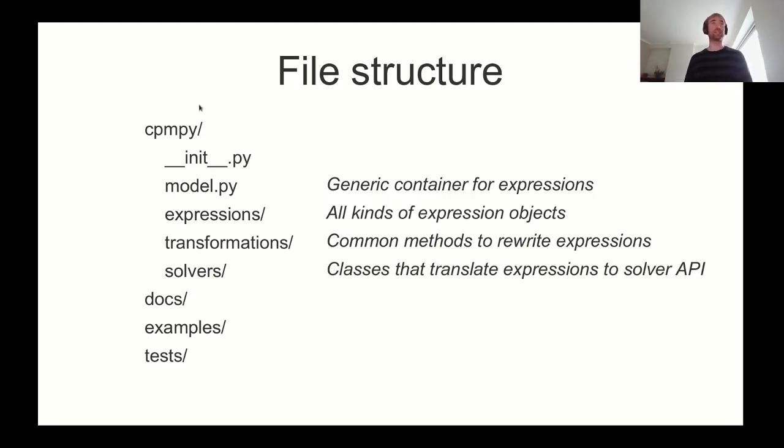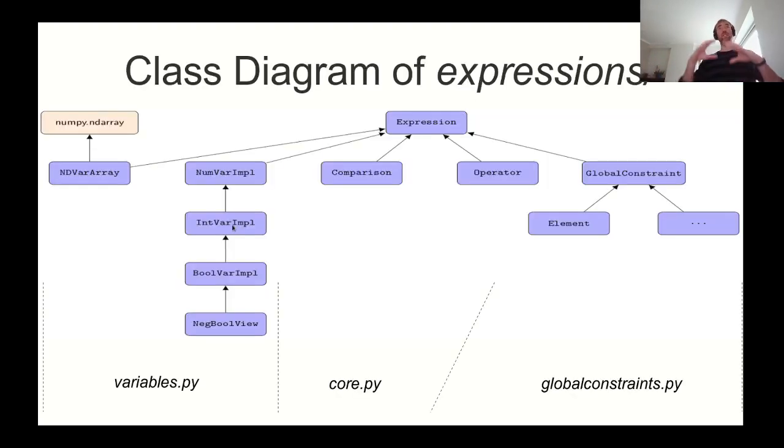Now let's have a look at what's in the expressions folder. In the expressions folder, we have different kinds of classes that represent our expressions, and this one we kept quite minimal. So we have the abstract expression object, obviously. And then we also have the n-dimensional decision variable array of CPMpy, which is a subclass of the NumPy array.